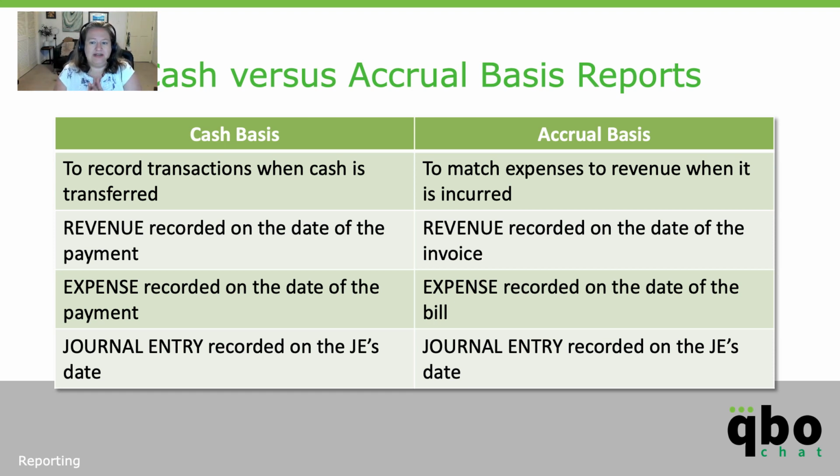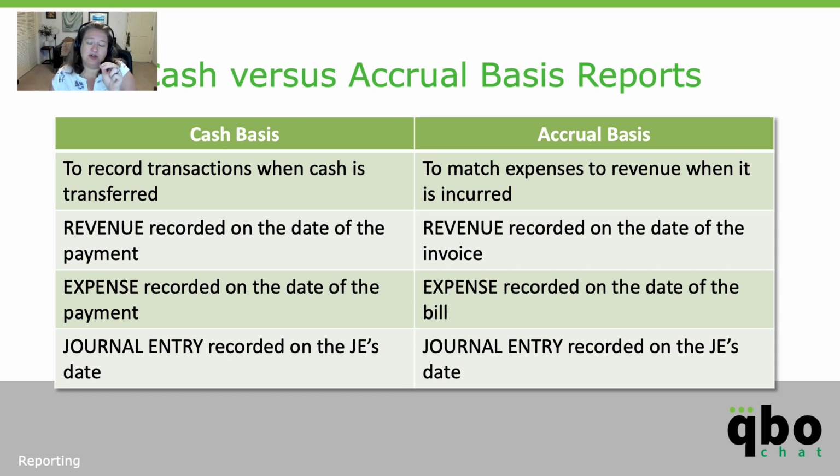On the accrual basis, we want to match expenses to the revenue when it's incurred, right? So revenue is reported on the invoice date itself. Doesn't matter when you get paid for that invoice. It shows up on the P&L the day of the invoice. Okay?